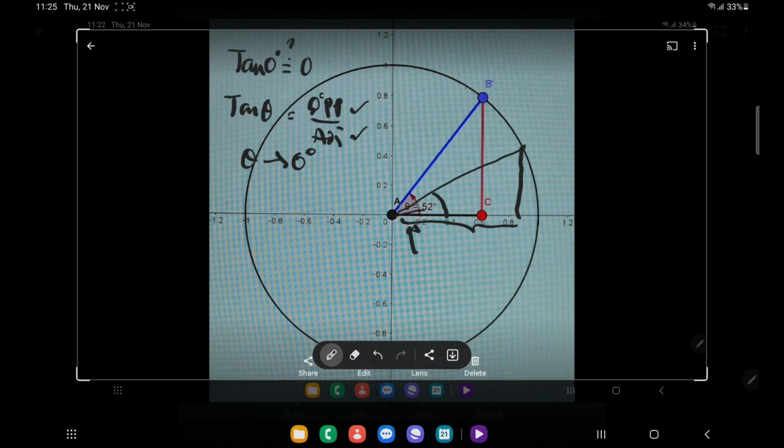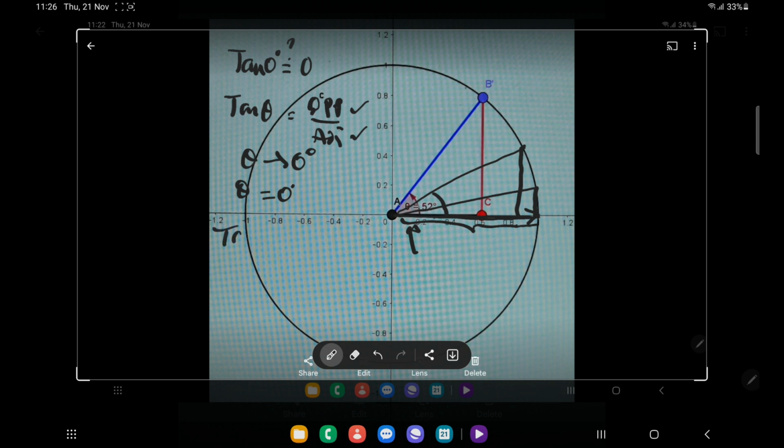Now on further decreasing the value of theta, the opposite side would be further smaller and the adjacent increased. Meaning when theta is 0 degrees, no more opposite side but only adjacent side being equal to the hypotenuse.